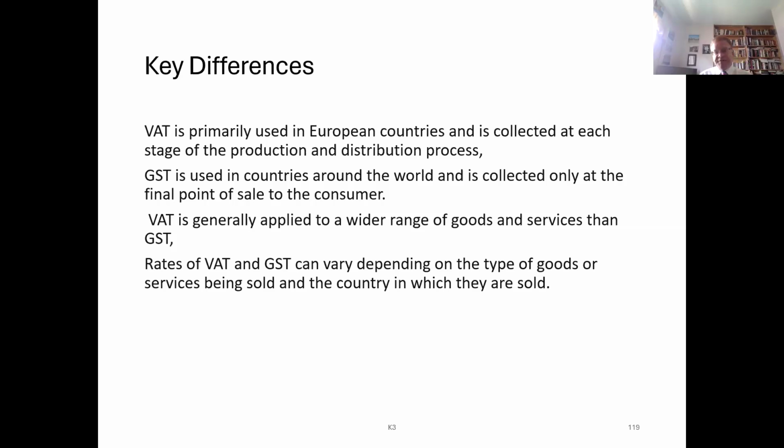Key differences: VAT is primarily used in European countries and is collected at each stage of the production and distribution process. GST is used in countries around the world and is collected only at the final point of sale to the consumer. VAT is generally applied to a wider range of goods and services than GST. Rates of VAT and GST can vary depending on the type of goods or services being sold and the country in which they are sold.